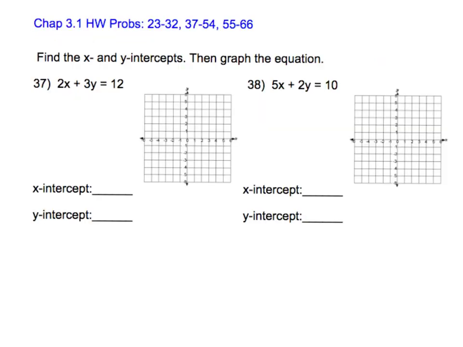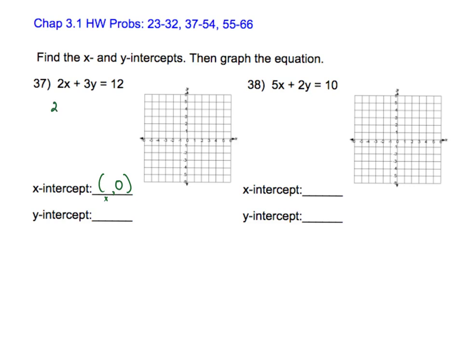All right, so to find some x and y intercepts, we need to start by plugging in 0 for either x or y. So I'm going to just start us off with finding the x-intercept. So whenever I want to find an x-intercept, remember we need to plug in 0 for our y value, so we can find the x value. So here I go.